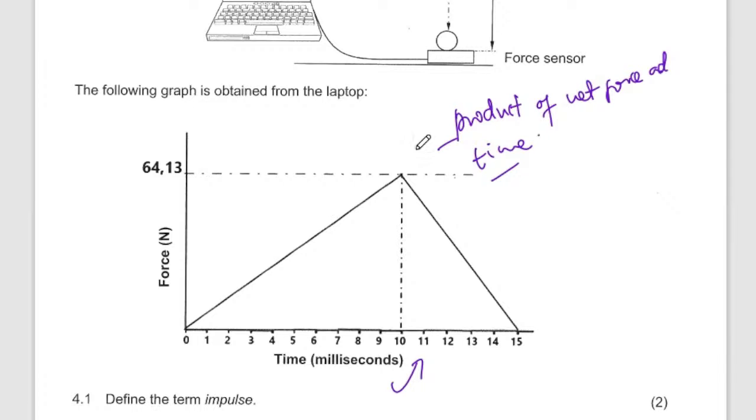Now, avoid using the change in momentum terminology because that is more like an application. It's not a definition of impulse.